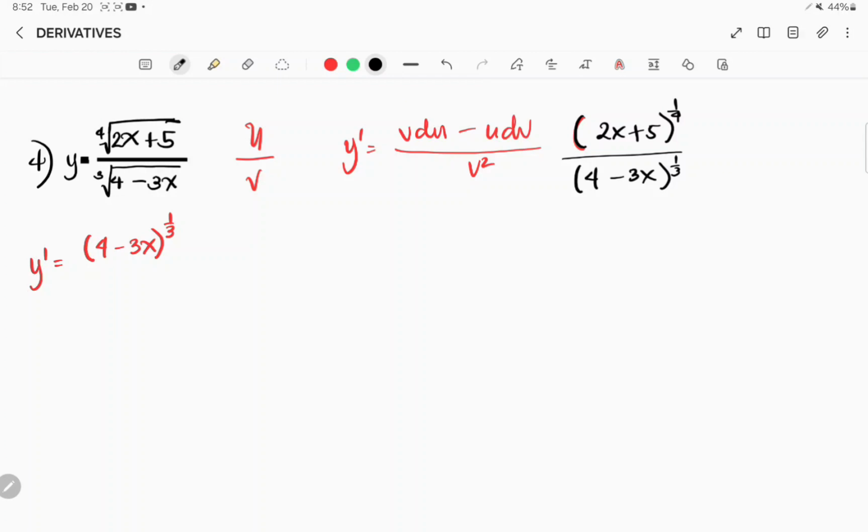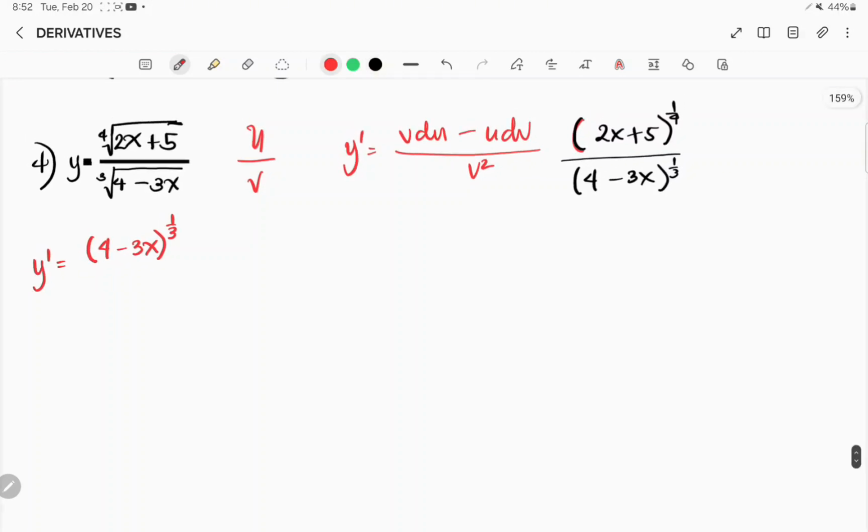So let's continue with the derivative of the numerator.